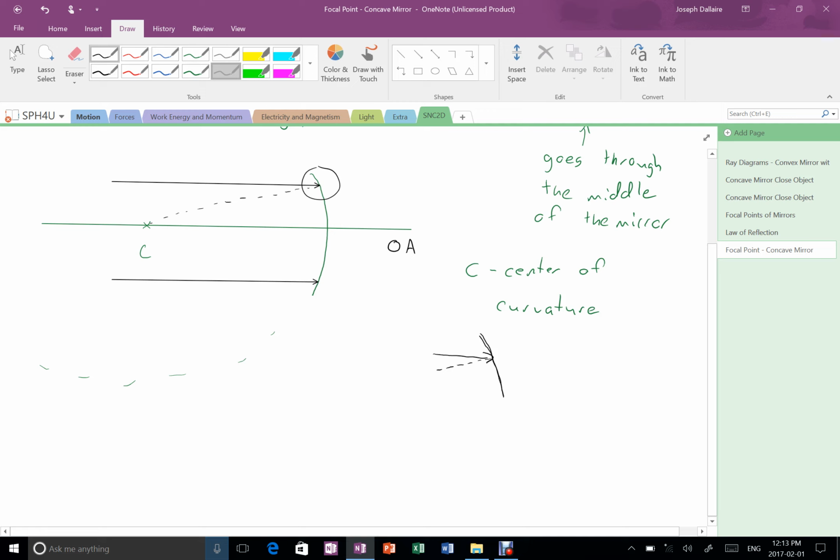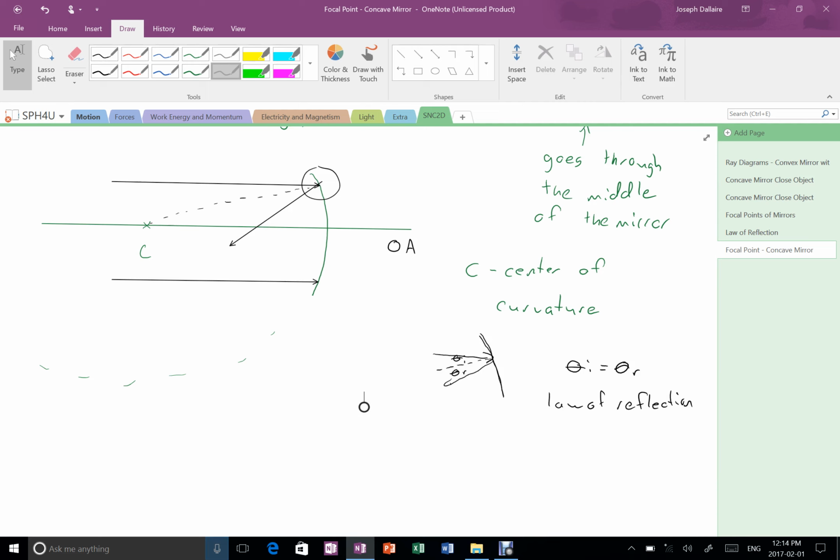And what we know from our law of reflection is that the angle of the incident ray is equal to the angle of the reflected ray. So the reflected ray is going to come out something like this. Theta I equals theta R. That's our law of reflection. It's not perfect, but the reflected ray is going to come away something like that. Okay?